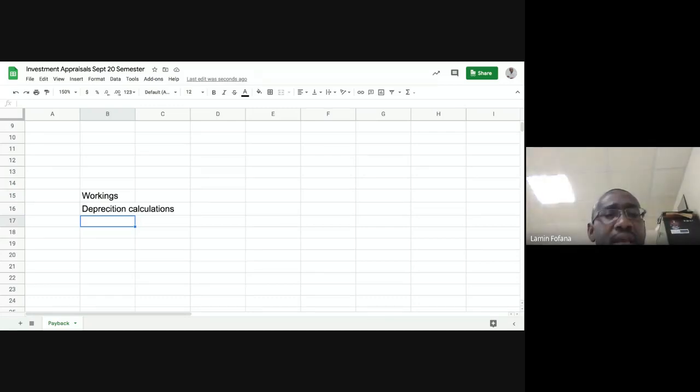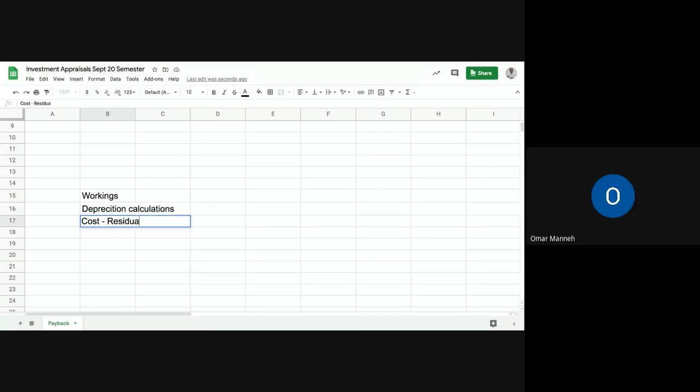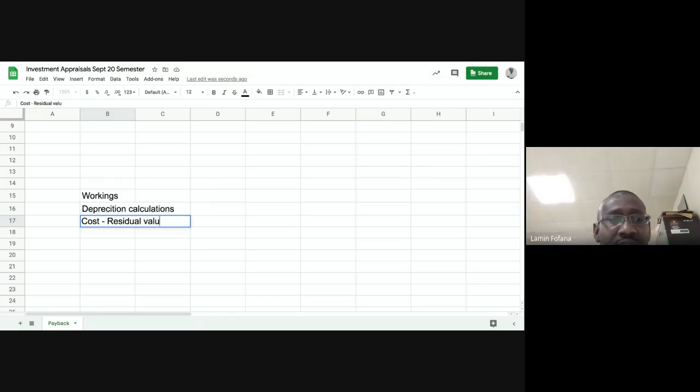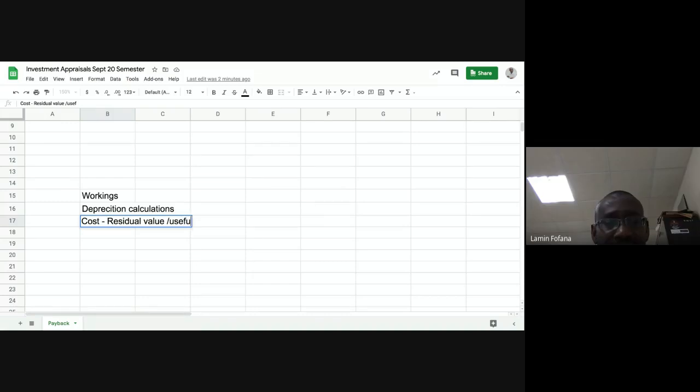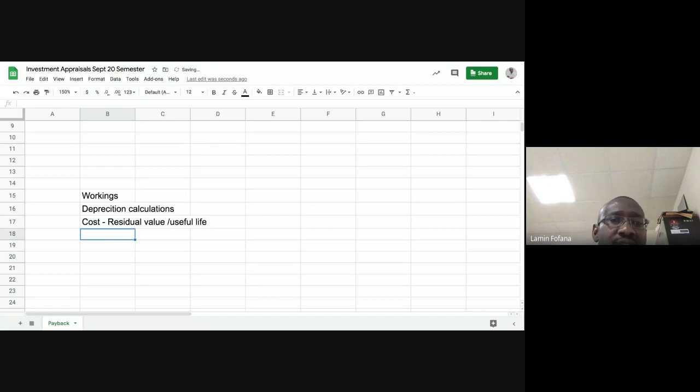So depreciation using straight line method is cost of asset minus residual value, all that divided by the useful life of the asset. So it's the cost less residual value divided by the useful life of the asset.